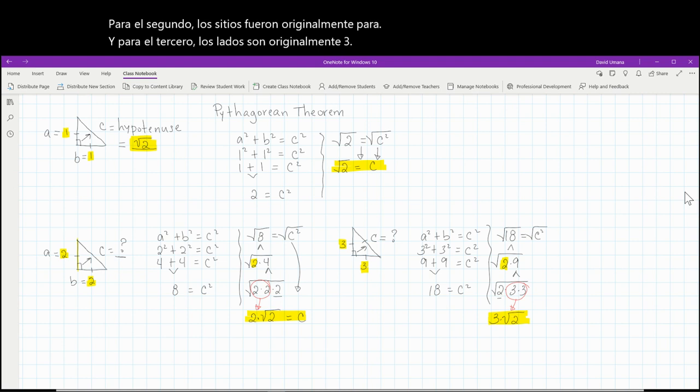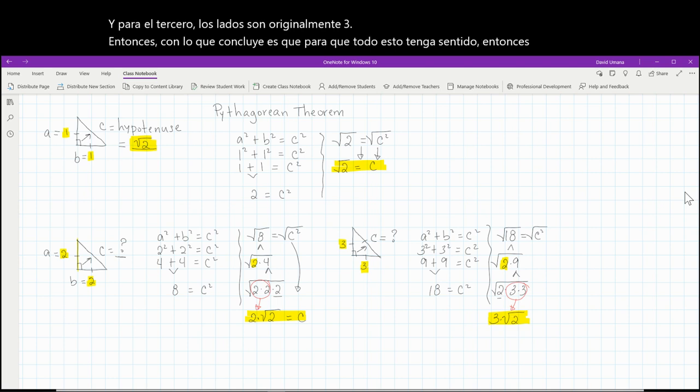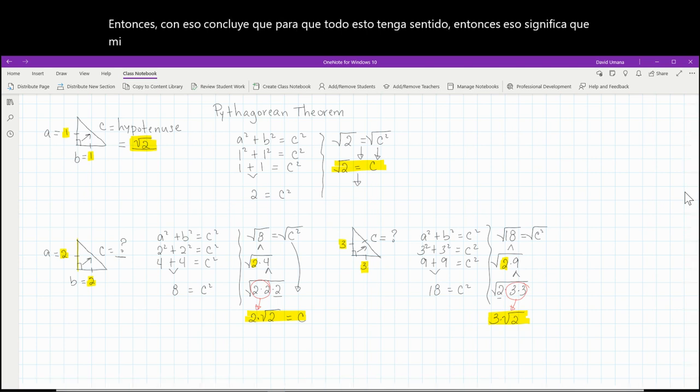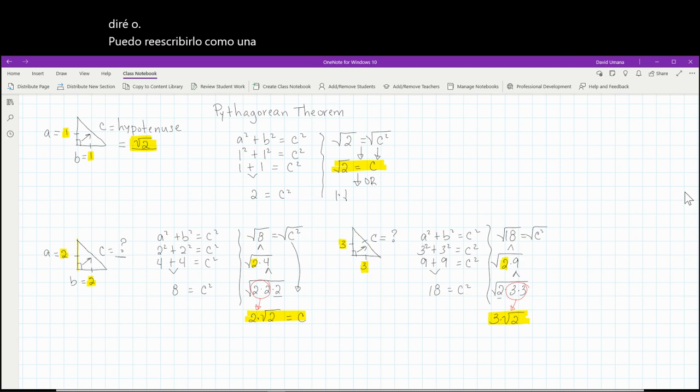So what that concludes is that in order for all of this to make sense, then that means that my original answer can probably also be rewritten like this. So I'll say or, I can rewrite it as 1 square root of 2. And that is also the value of c. In which case, I now have a pattern.